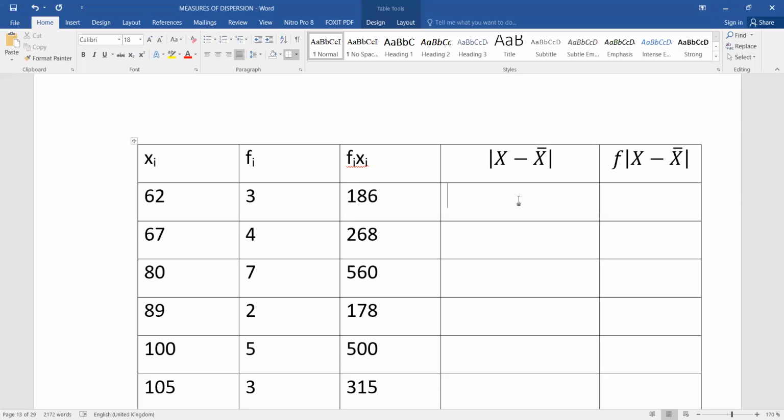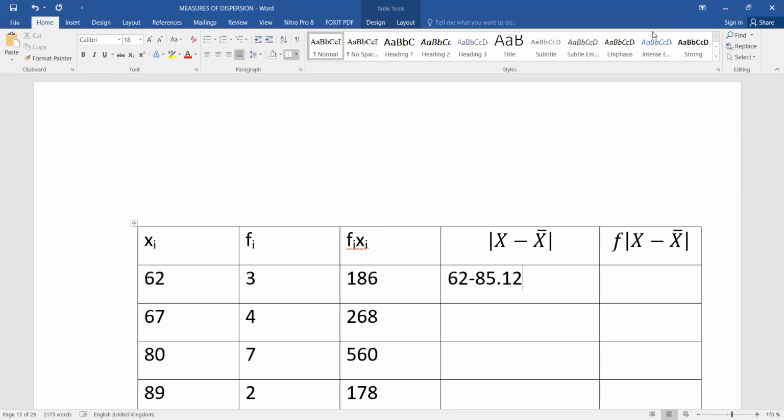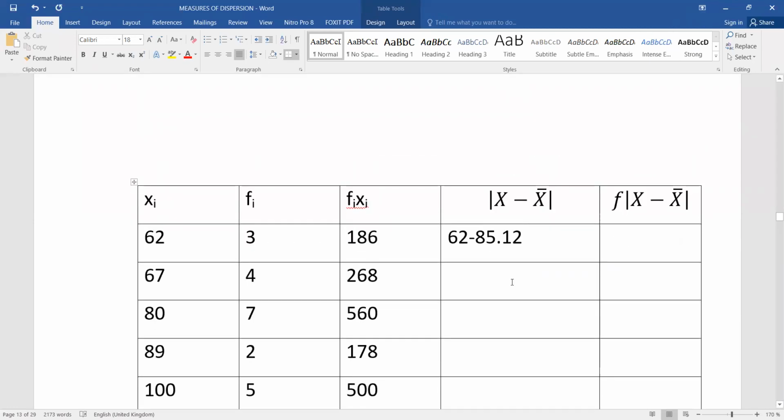For example, what do we get when we subtract x, which is 62, minus x bar, which we've gotten as 85.12?